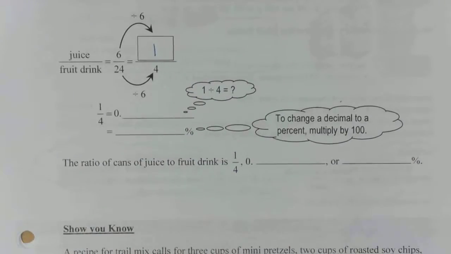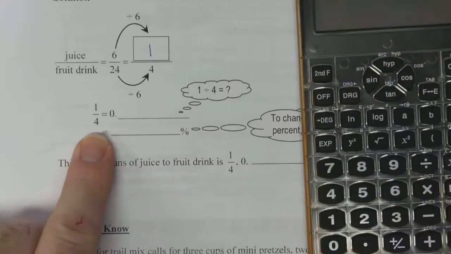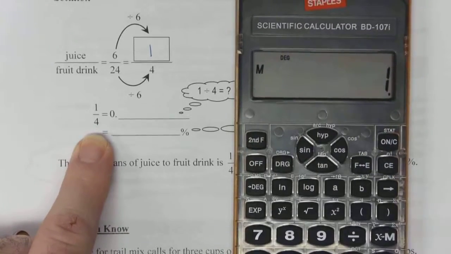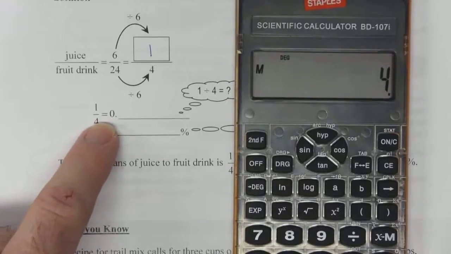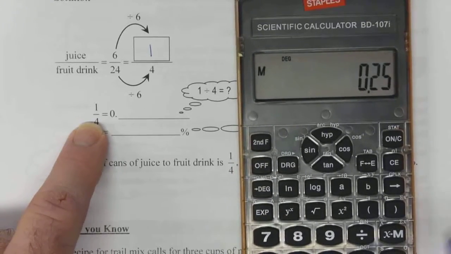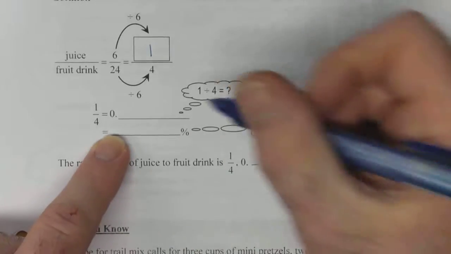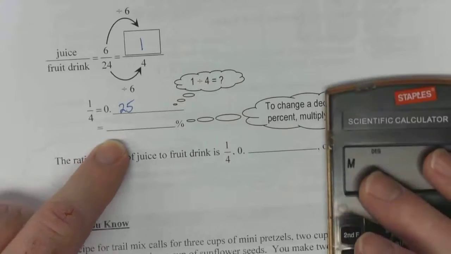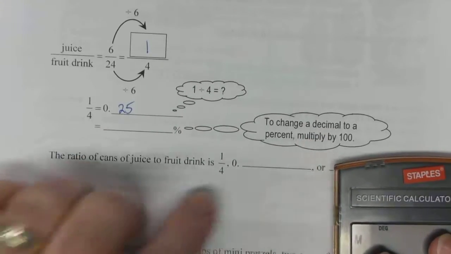If you take your calculator and you want to convert that fraction into a decimal, you can do that. 1 divided by 4, that's what this line in the fraction means, is division, equals 0.25. So there's your decimal version of this. 0.25. Now to convert that to a percent, you need to multiply by 100.